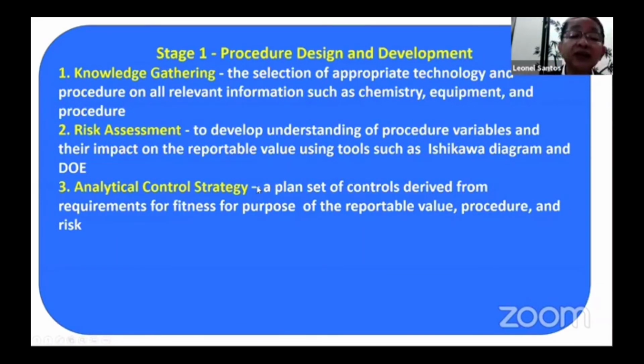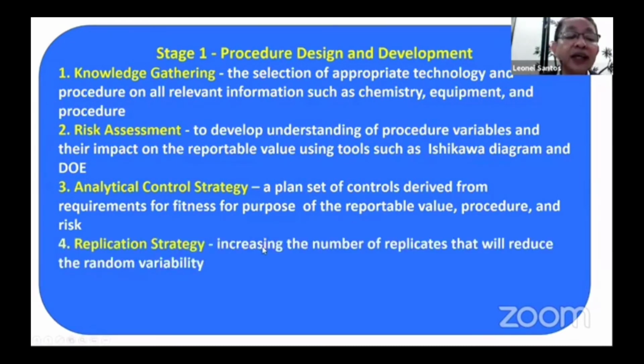The analytical control strategy would be the third thing in this stage 1, which is you are going to be establishing a planned set of controls derived from the requirements for fitness for purpose, meaning what is your control strategy so that you can maintain the ATP, analytical target profile, and the target measurement uncertainty. The fourth one would be your replication strategy.